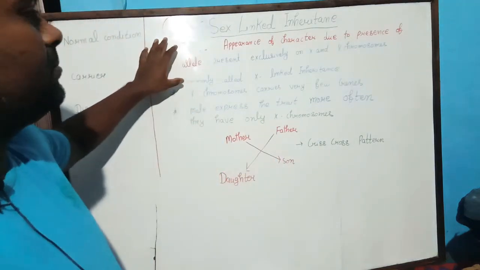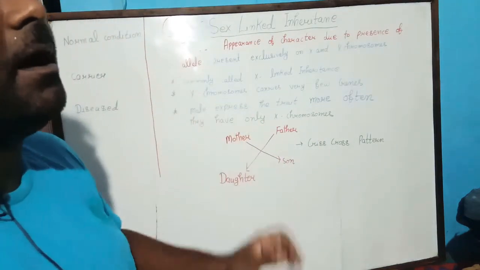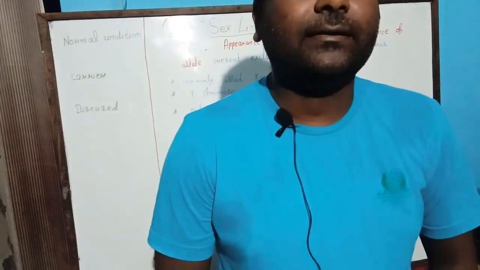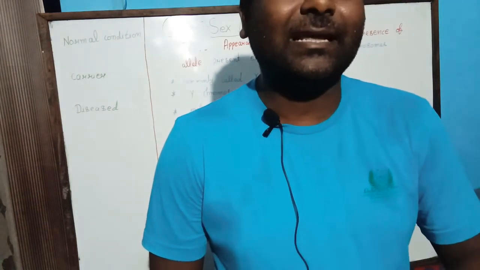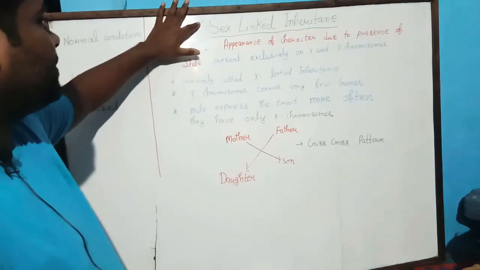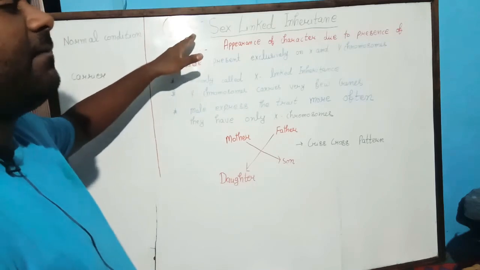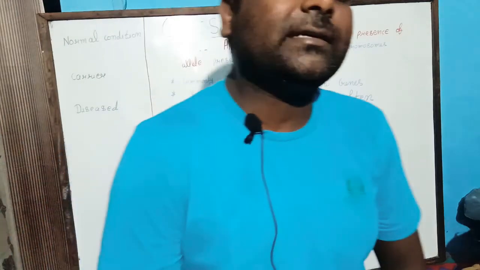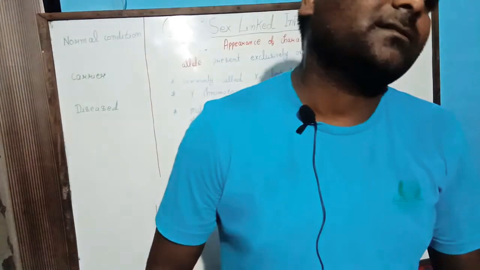But we will study genetic disorders which are associated with sex linked chromosomes, and that is why we call it sex linked inheritance. Because we know that in both males and females we have the presence of X chromosomes. So this sex linked inheritance is commonly called X linked inheritance, because in both conditions, male or female, they possess X chromosomes.